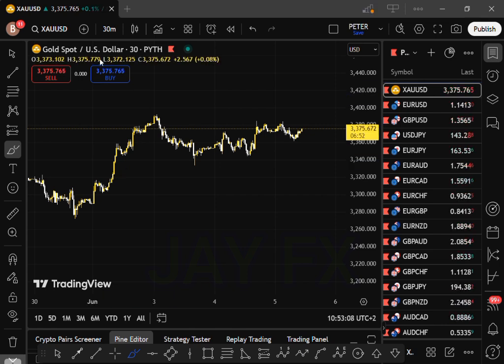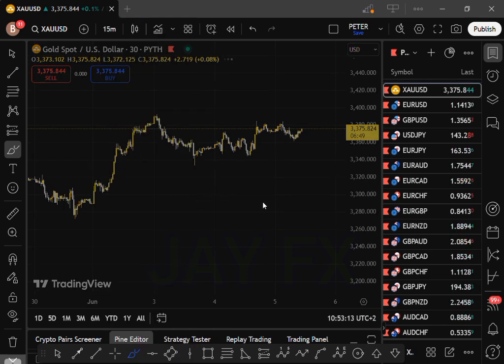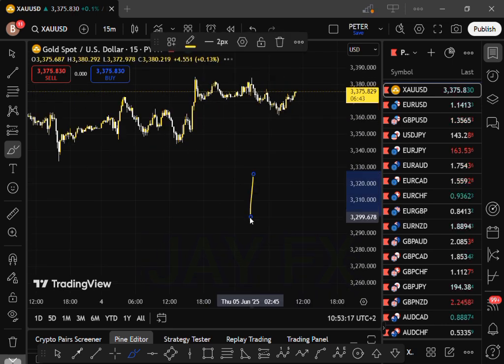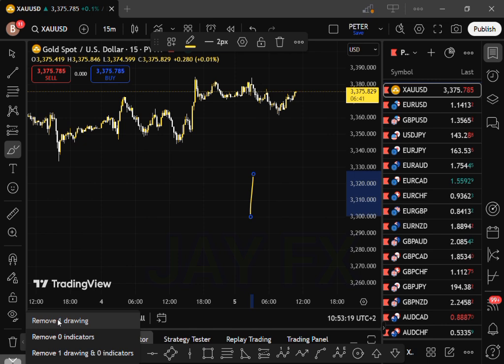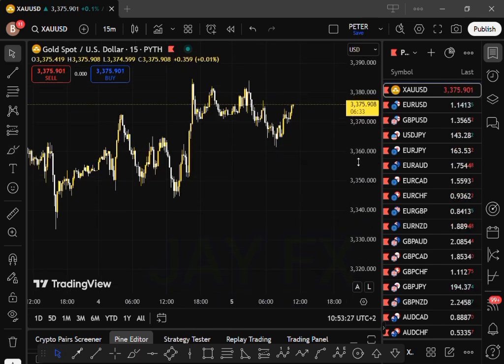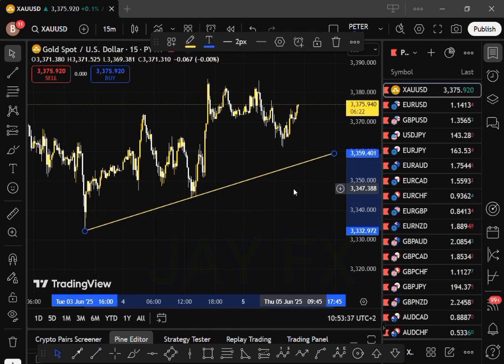So this is 10 minutes. Let's just check 15 minutes. Then I will know what to do, because I see straightforward a buying opportunity, which is what I am going to do. Now what I'm going to do, I will just give you this uptrend trend line, right?